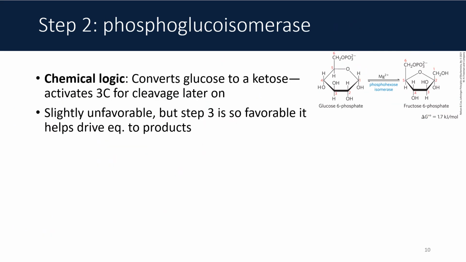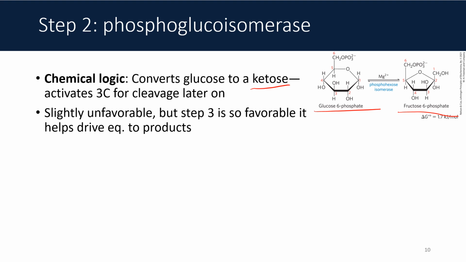The next step is catalyzed by phosphoglucoisomerase. This enzyme takes our freshly made G6P and converts it to F6P, fructose 6-phosphate. The goal of this enzyme is to take our glucose, which is an aldose, and convert it to a ketose.